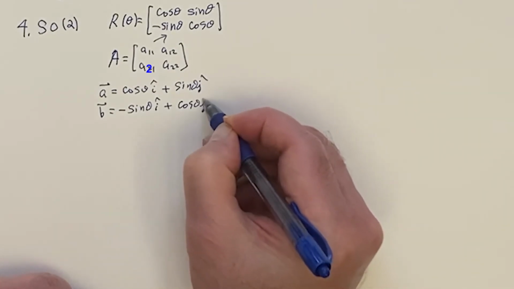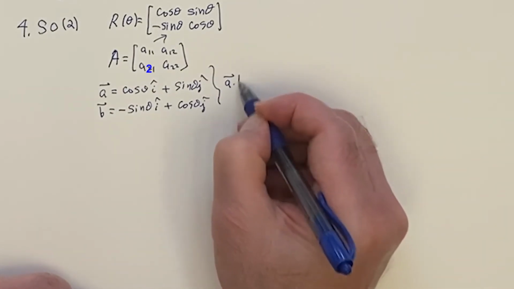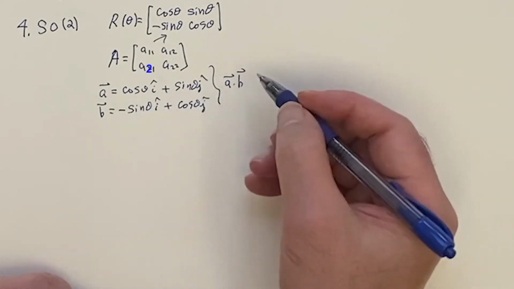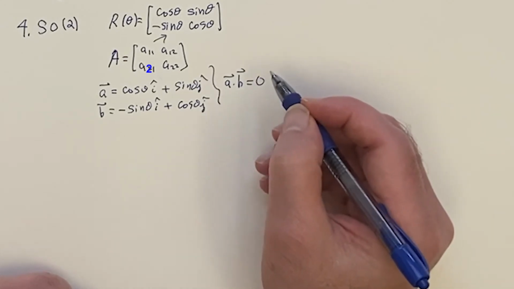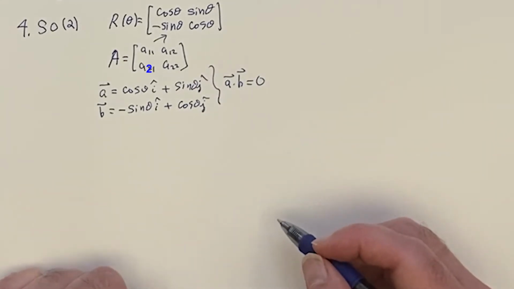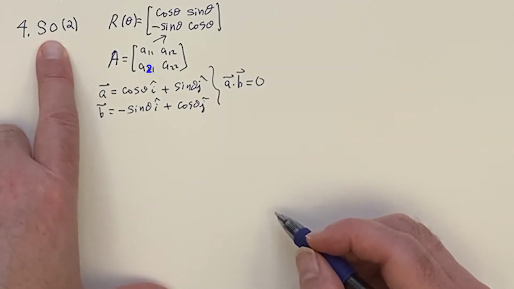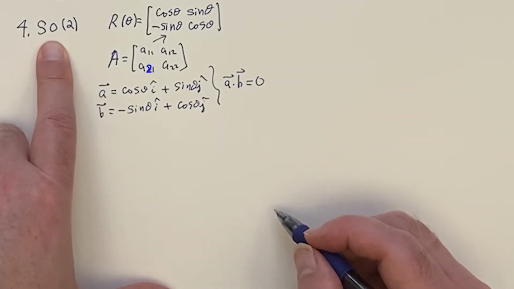If you do A dot B, you would get a negative product and a positive one, and you would get 0. So that's where the term orthogonal comes from for these matrices, how they make the group nomenclature.